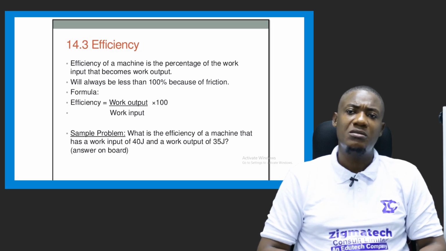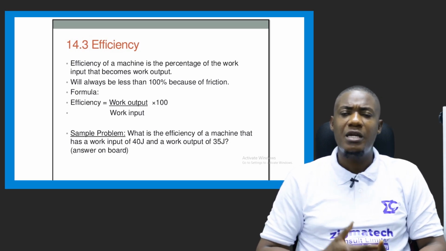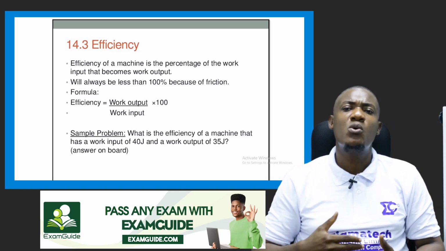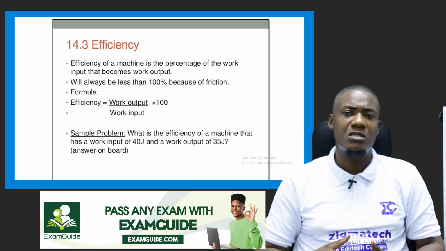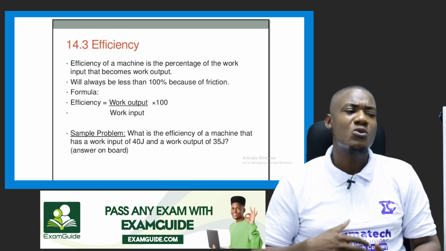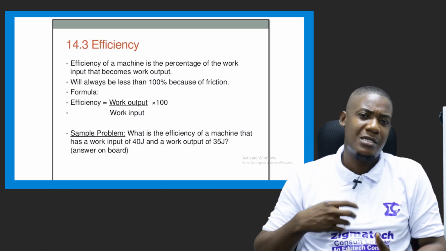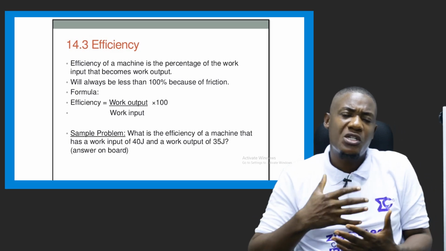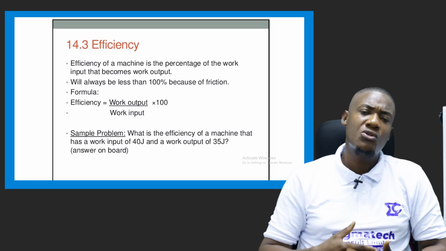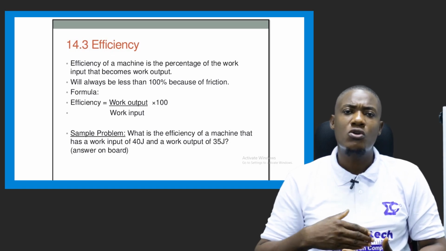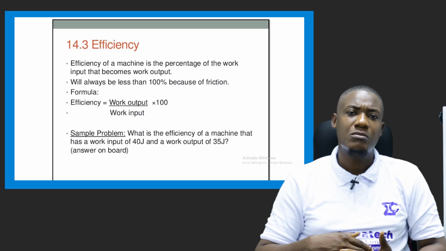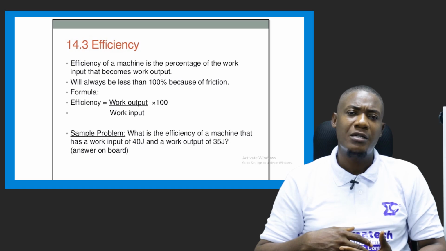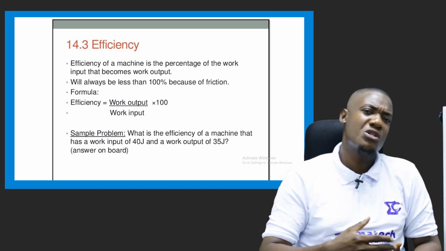Efficiency of a machine. The efficiency of a machine is the percentage of the work put into the machine that becomes work output. I will say it in another way you can understand. The efficiency of a machine is the ratio of work done by the machine all over the work put into the machine.